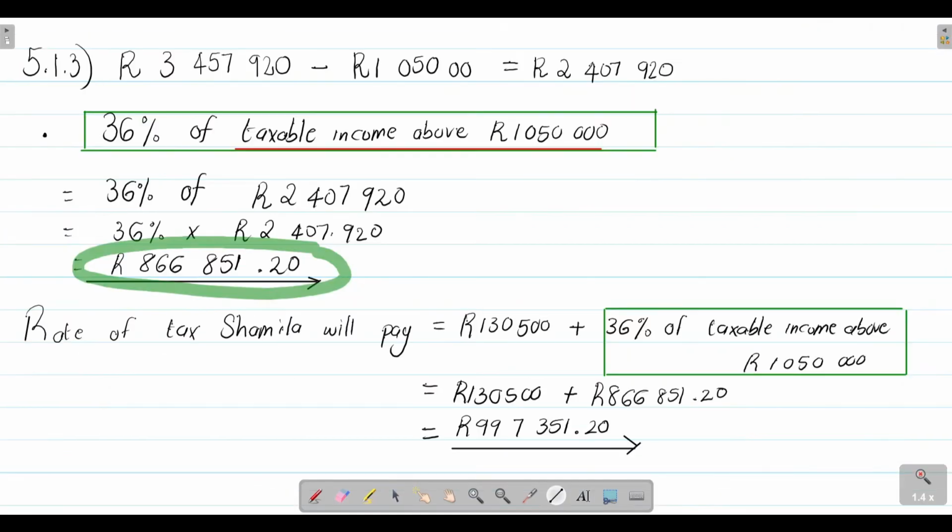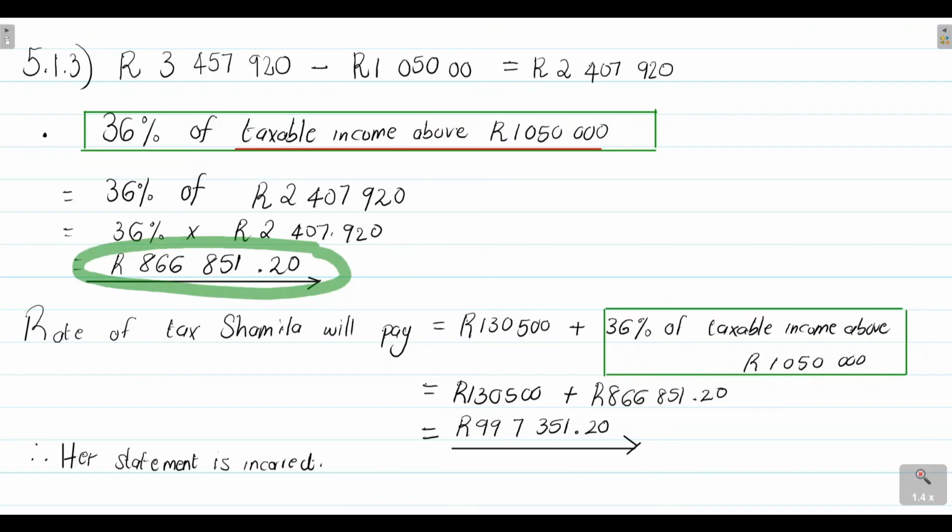We calculated if she takes a full pension fund of 3,457,920, the amount that she will pay towards her tax is going to be 997,351.20. Okay, so what we see here is this amount is not more than a million. However, it is less than a million. Okay, so we can therefore conclude that her statement was incorrect.